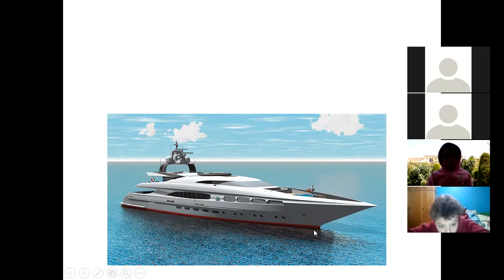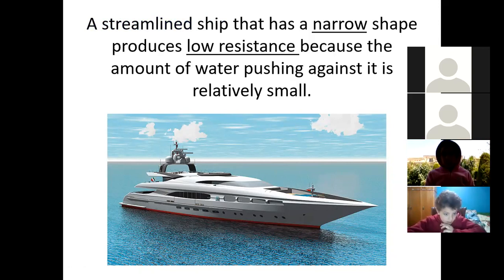Do you see this shape? It is very thin from the front and becomes wider at the back. It's called the streamlined shape. There is not much surface in the front of the ship, so you don't have a very wide surface that keeps making the water hit the boat back.